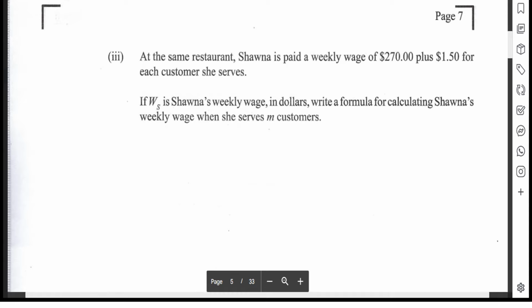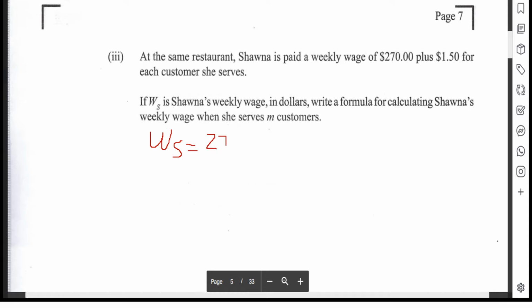So let us go by pulling the marker, write WS to equal to 270.